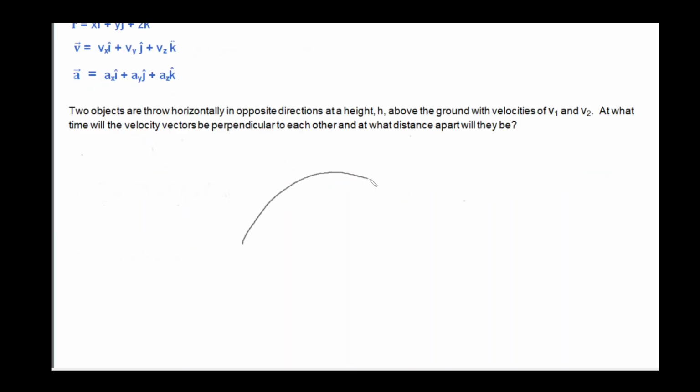So here are our objects being thrown. This is velocity v1 in the x direction, velocity v2 in the x direction, and we're going to use our axes as x and y. Height h above the ground.